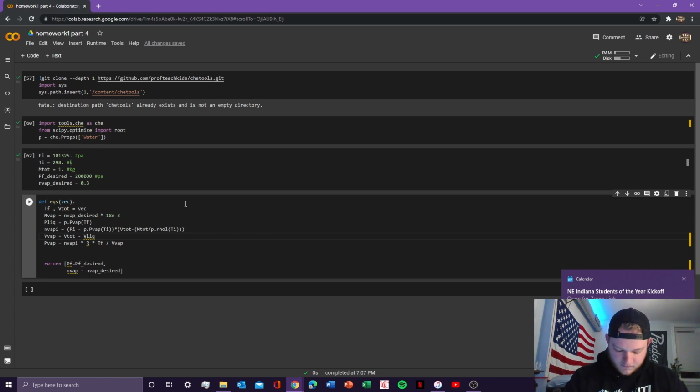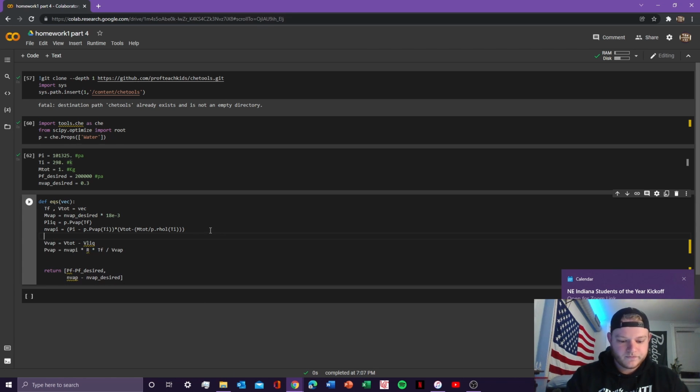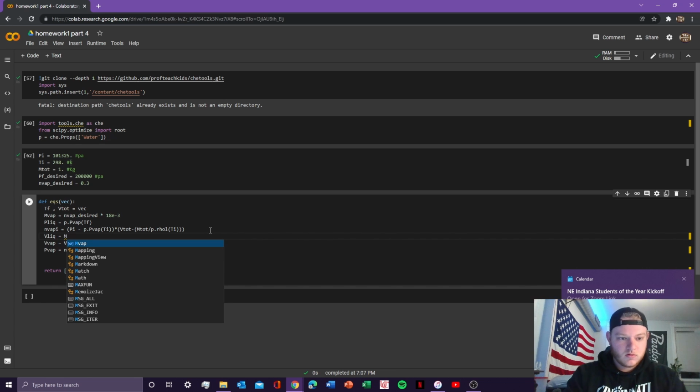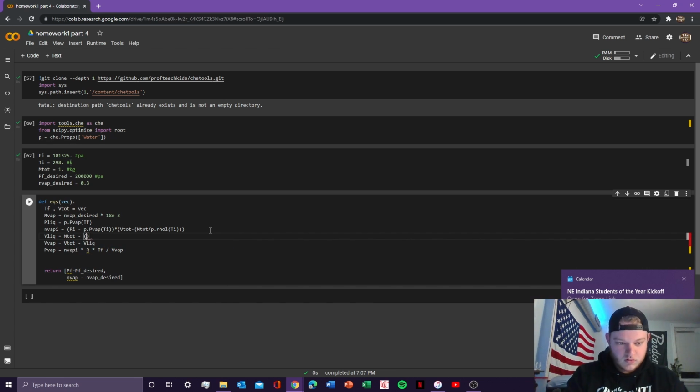Do we have volume of liquid defined yet? I don't think we do. Let's do that. You see, once you do one and you keep doing them, you realize what you need to do, so then you just work backwards. Volume of liquid from our chart we did earlier is the mass total minus the mass of the vapor.